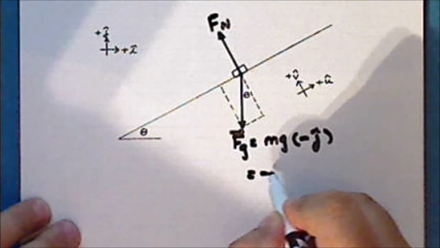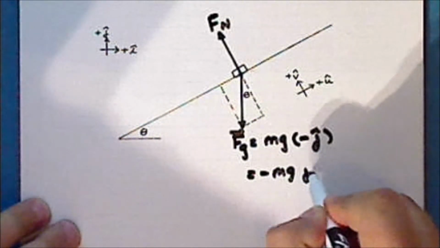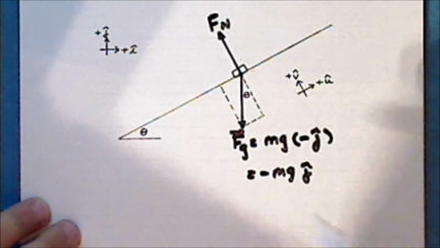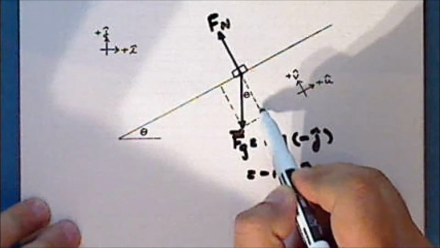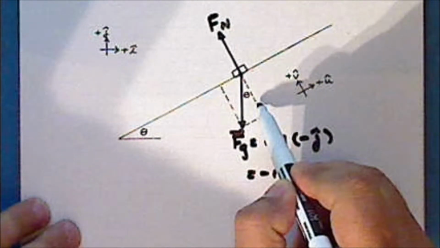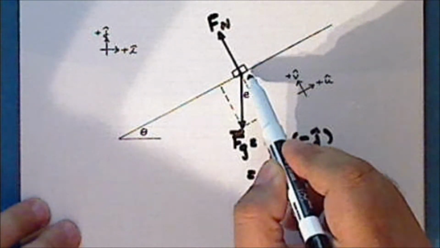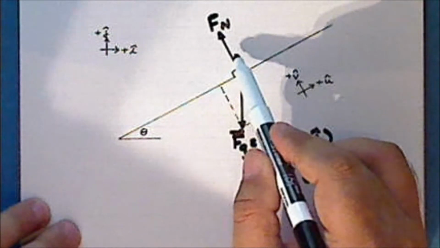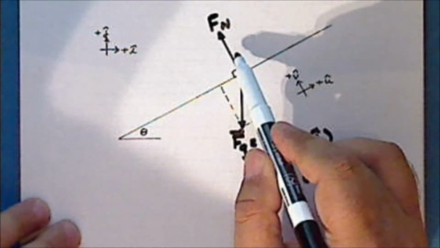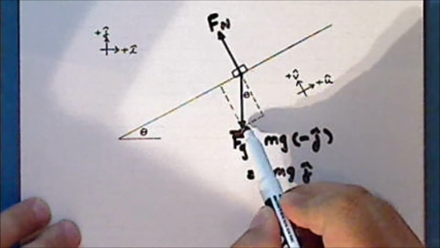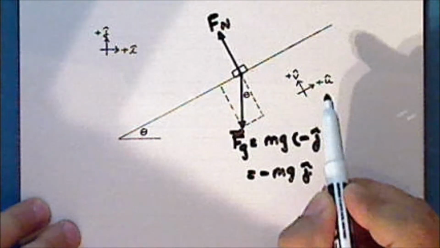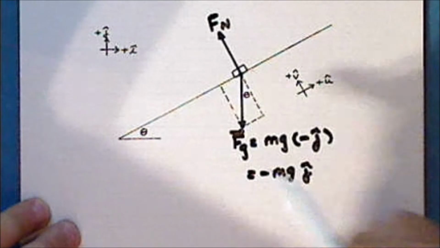And so we write negative mg j hat. Notice that one component of the gravitational force is perpendicular to the plane and balances the normal force, while one component is unbalanced and points in the direction down the plane.